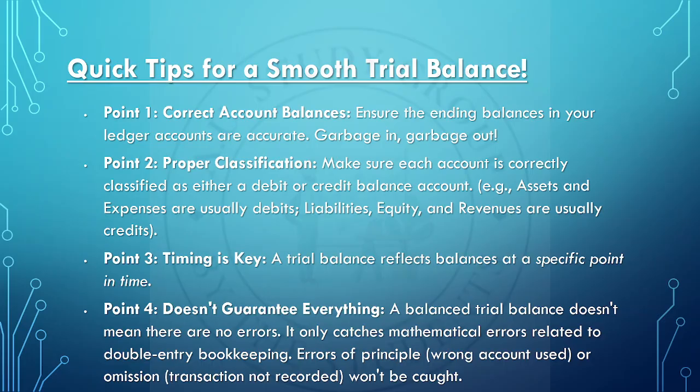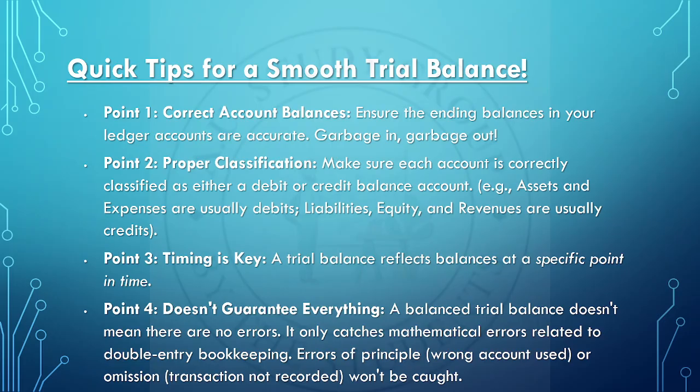These things you need to have in your mind. If you practice more and more accounts and sums, then you will remember these things. Getting this wrong will lead to an unbalanced trial balance. So remember the classification.